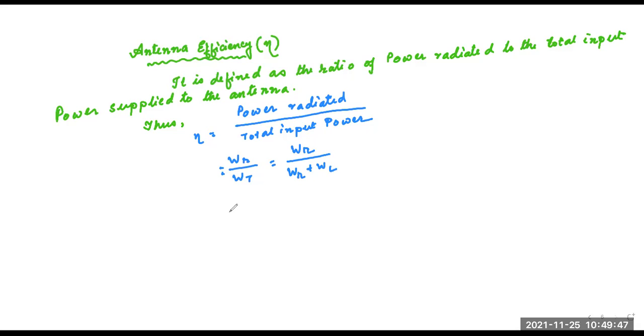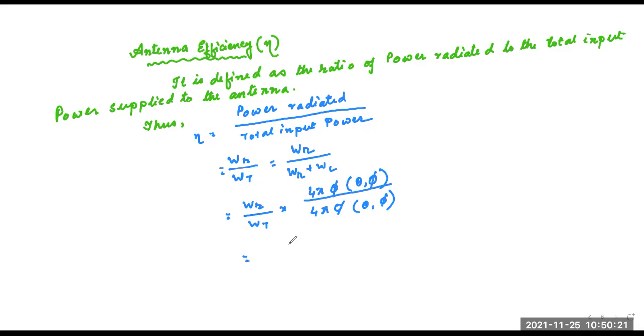That is equal to WR by WT into 4 pi phi theta comma phi by 4 pi phi theta comma phi. So I can multiply both sides.